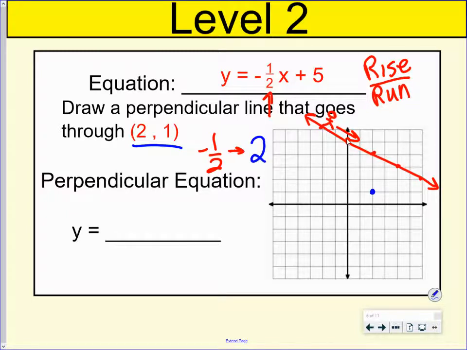So this perpendicular line, I'm going to start at this point that they gave me, 2, 1, and my slope is going to be 2, which we know is up 2 and over 1. To go backwards, you go down 2 and back 1 to draw that. And we are going to connect those dots.